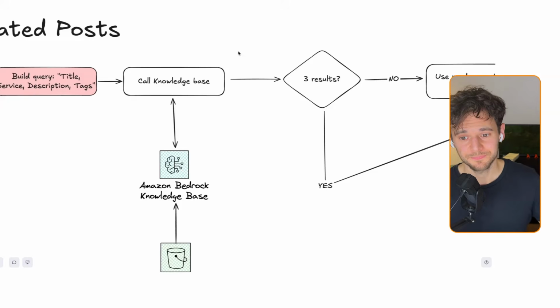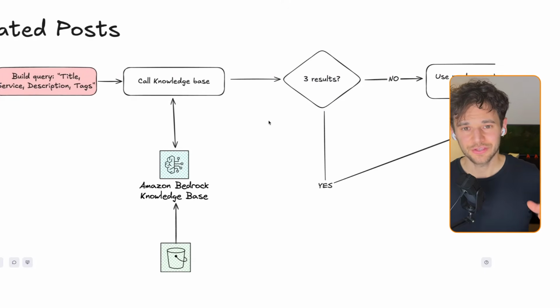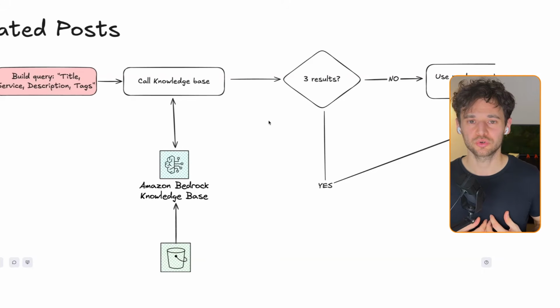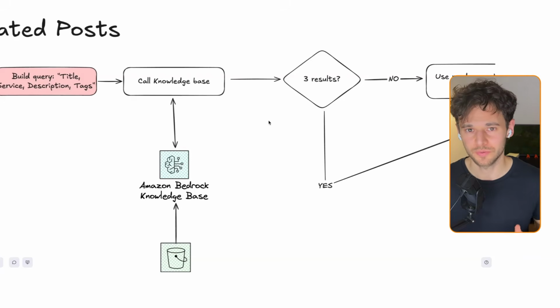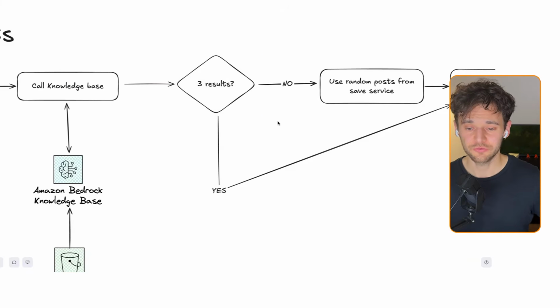What I'm doing then, and this is because our model is not improved that much and you will not always find related posts, is this: I still want to show my user some relevant posts. So I always want to have 3 posts that I can show, no matter whether the AI can find them or not. So I check, do I have at least 3 results?